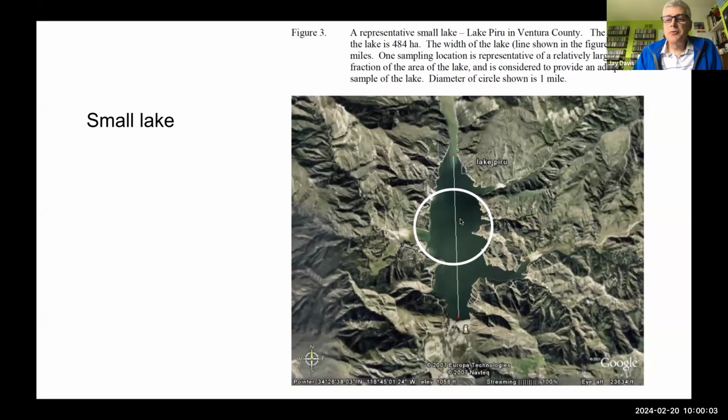They need to be able to move around that much to find enough fish. And so for a lake that's this size, 1 mile is more than the width of the lake and about the length of the lake. So this one location provides pretty good coverage of the lake as a whole. So we do one location for lakes of this size.